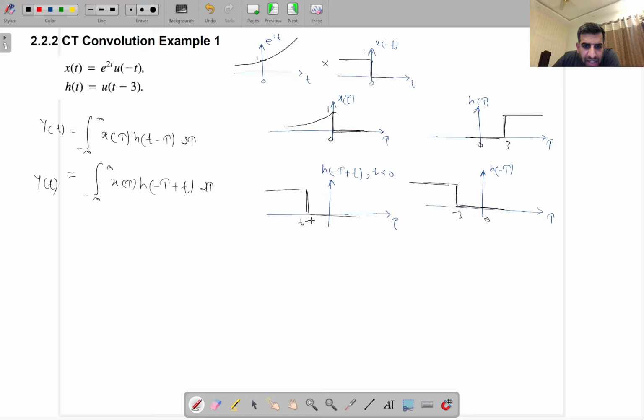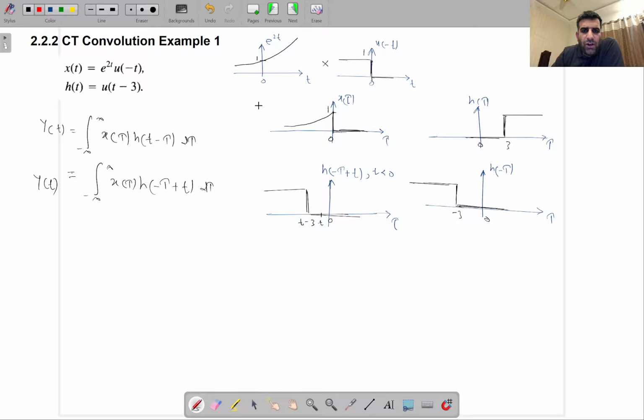And this minus 3 point is going to be at t minus 3. Okay guys, this is an important bit. This is the t point, which was the 0 point, minus 3 is at t minus 3, and this is 0. When I say that t is less than 0, this means that this point is less than 0. Now you can see that there's always going to be some overlap. What do I mean by that?